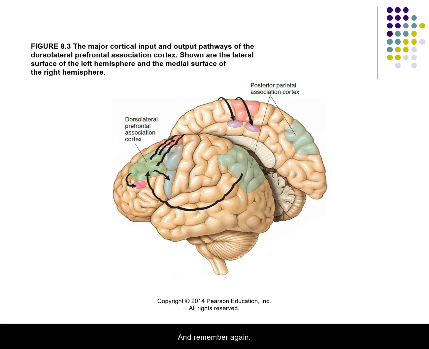And remember, they're association cortices, and they can work in parallel. That's why you have that big long black arrow from the posterior parietal cortex all the way over to the dorsolateral prefrontal, because there are connections. Information is always flowing both ways.